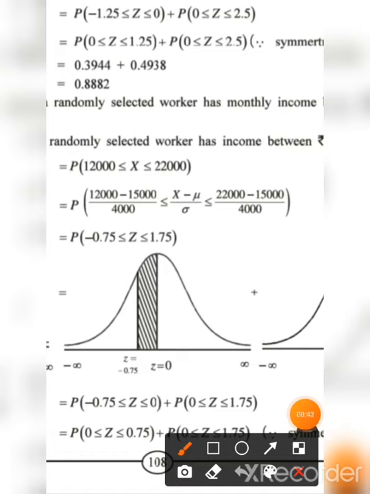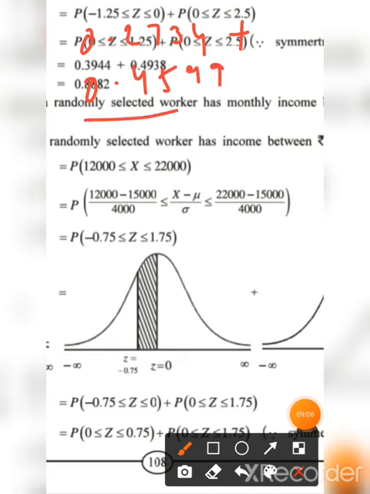The answer is 0.2734 for 0 ≤ z ≤ 0.75, plus, as you will see in the table for 1.75, the value is 0.4599.